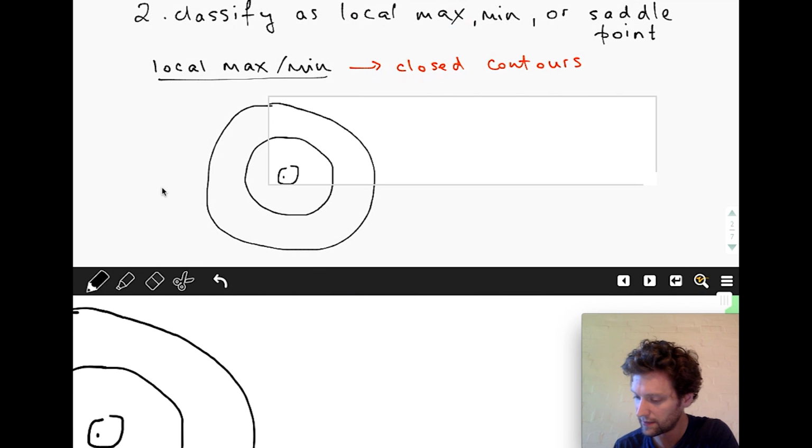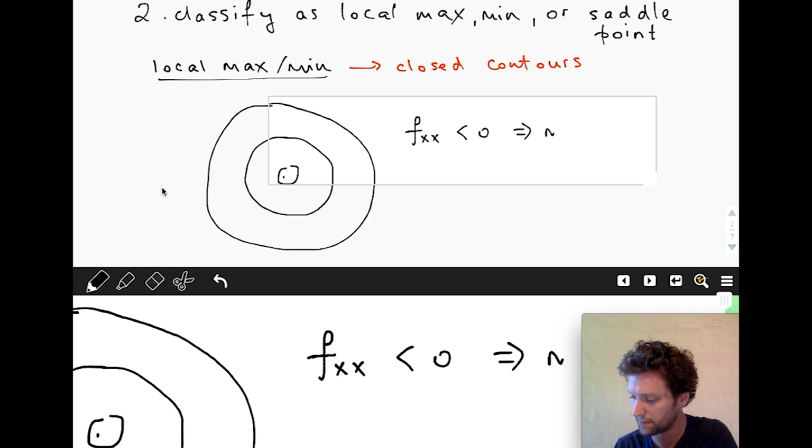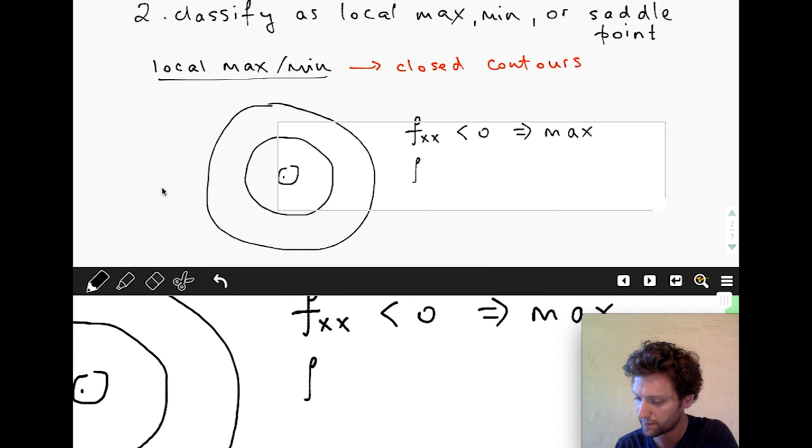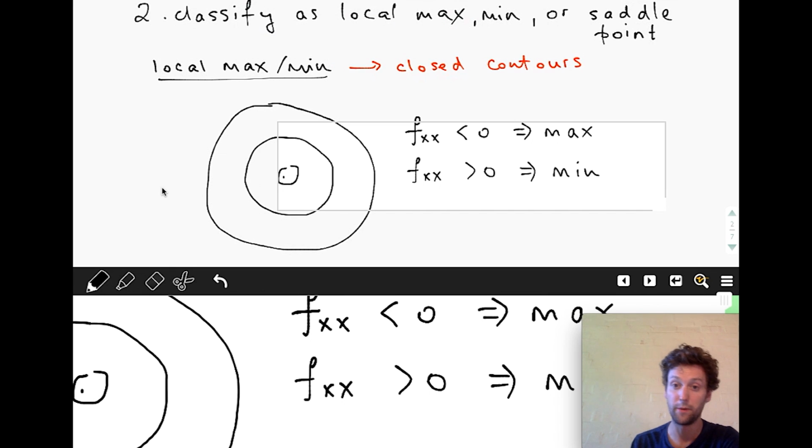So just as in the case for functions of a single variable, if the second derivative, this time the partial derivative, is negative, it means that I have a maximum. And if the second derivative is positive, it means I have a local minimum.